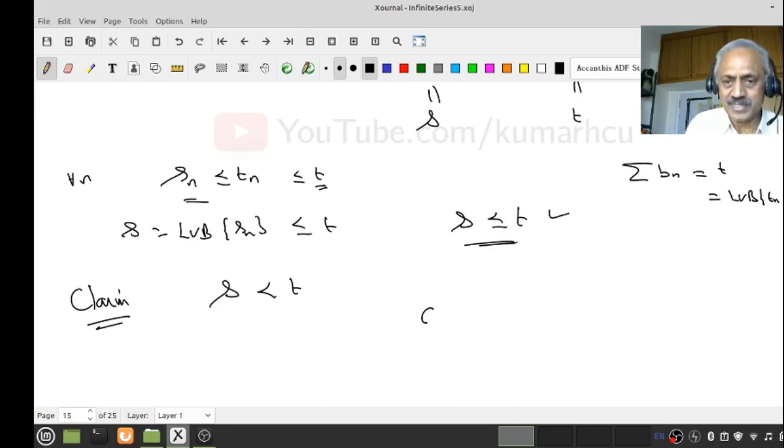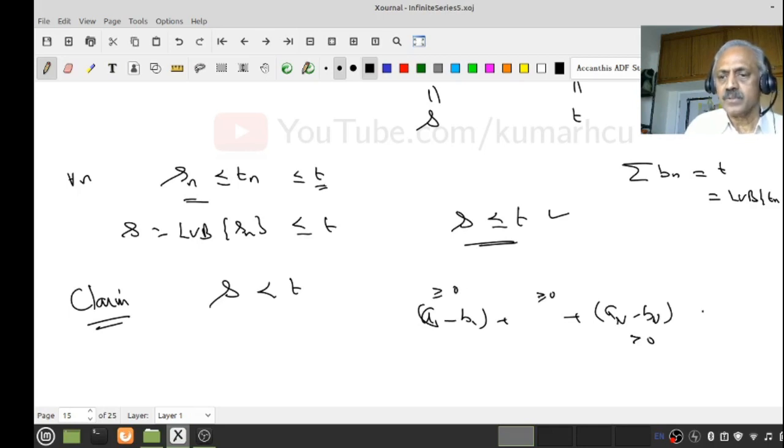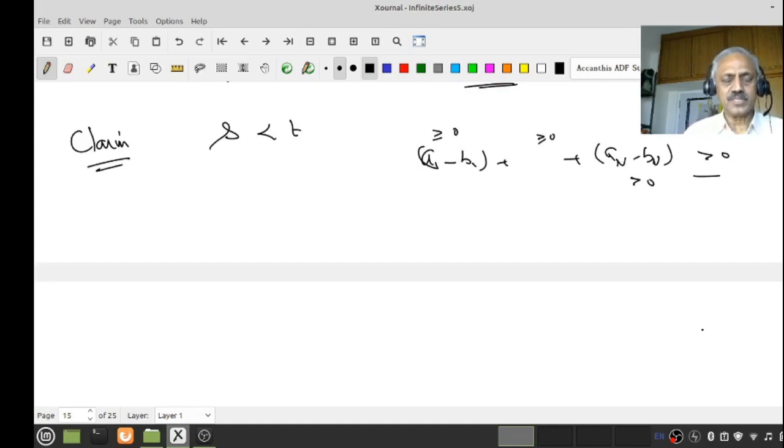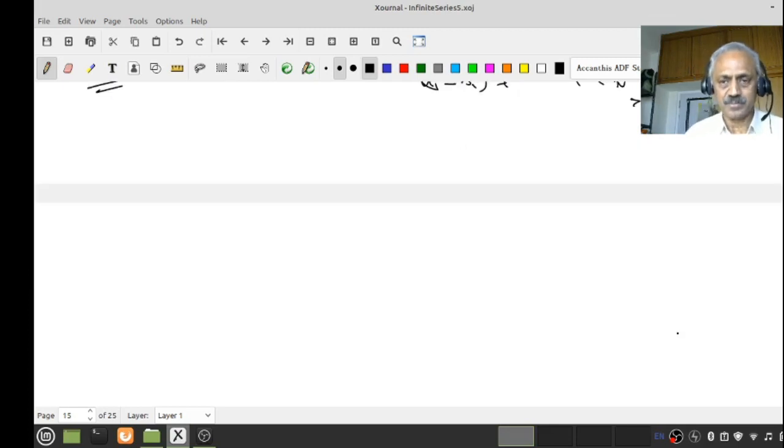For example, a_1 minus b_1 plus ... plus a_n minus b_n. Suppose one term is strictly greater than 0, and the others are greater than or equal to 0. Then that's easy. But the same logic is what we are going to use, except we have to use the theory of convergence of series and the fact that we are dealing with series of non-negative terms.